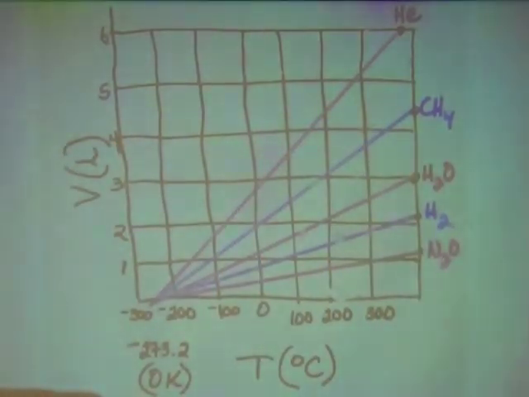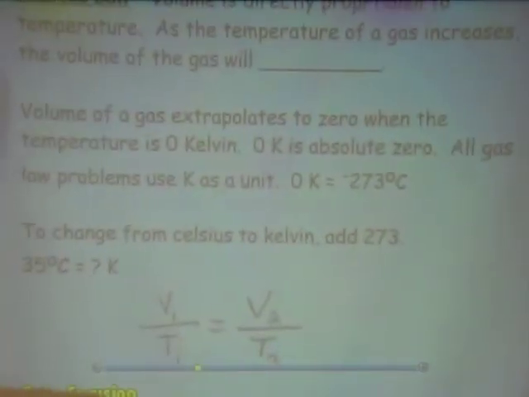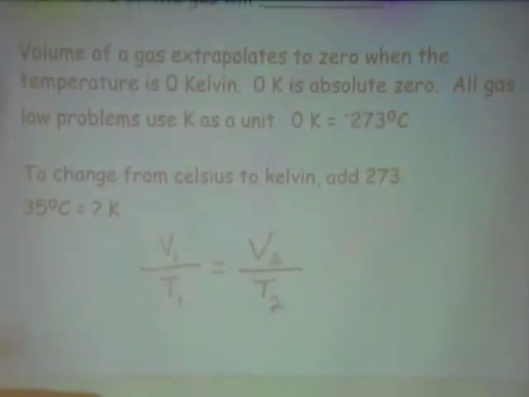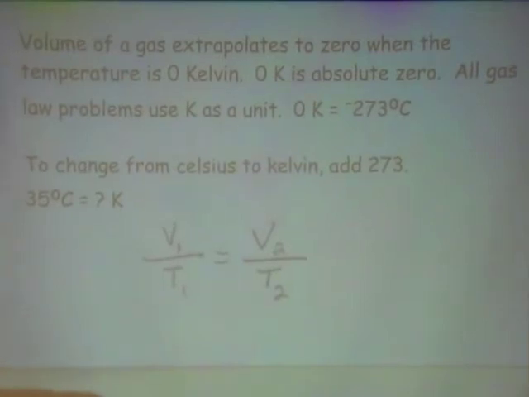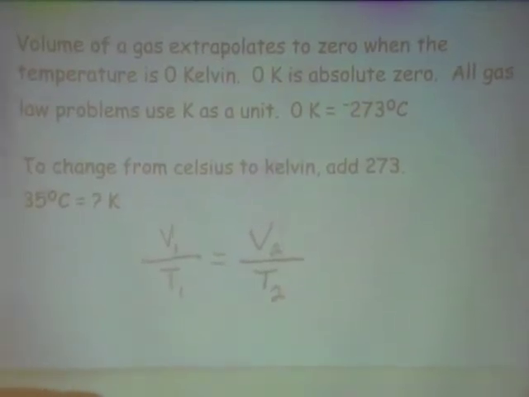Okay, so that's what I mean by this. The volume of a gas extrapolates to 0 when the temperature is 0 Kelvin. So we say that 0 Kelvin is absolute zero. And we use Kelvin as the unit for all gas law problems.